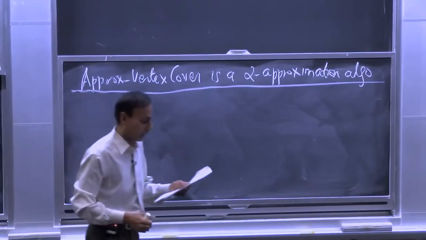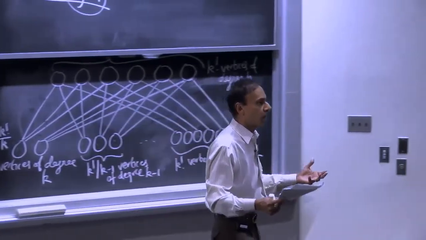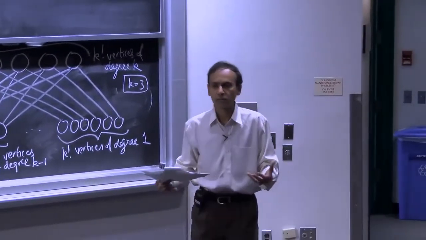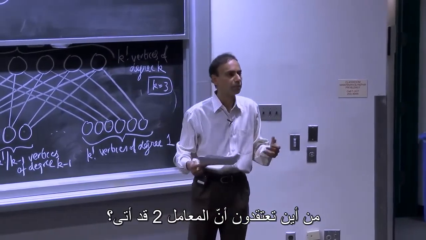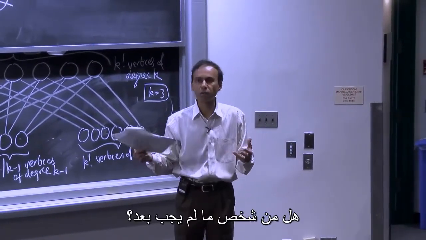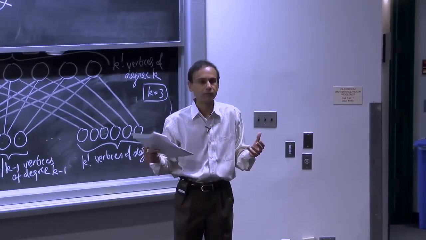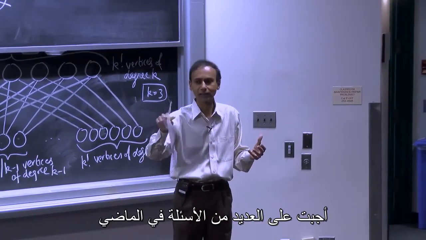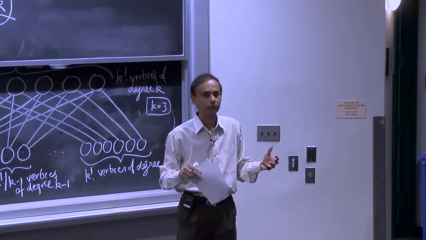Right? So any ideas? How would I prove something like this? Where do you think this factor of 2 comes from? Someone who hasn't answered yet? You answered a lot of questions in the past. No? Someone?